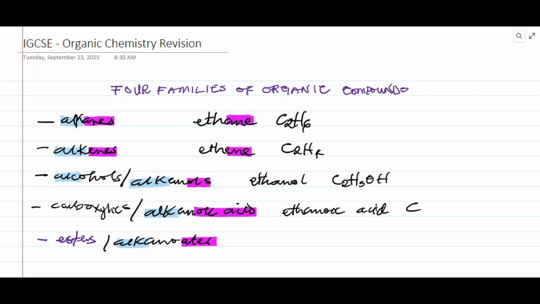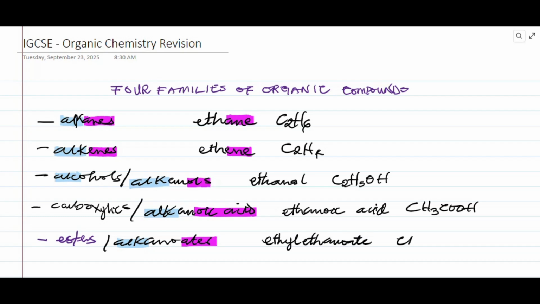The formula for this is CH3COOH. So this is ethanoic acid. For the esters, or alkanoates, although we don't really need that for now, let me just put that: ethyl ethanoate.